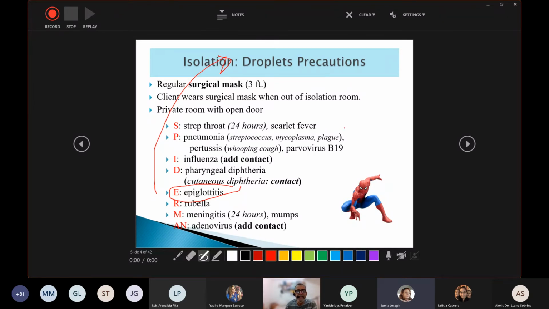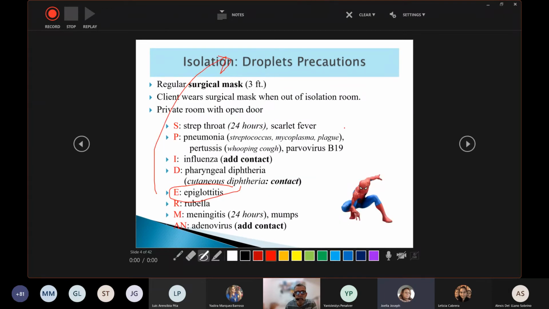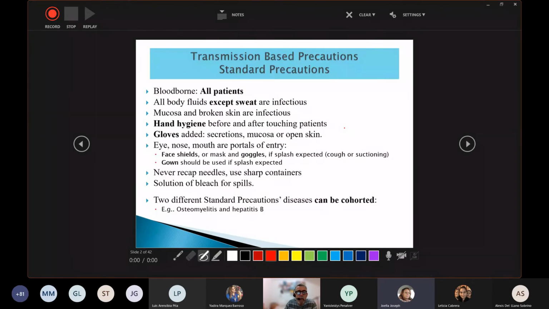When the disease needs isolation, the patient cannot be placed with another person. What does isolation mean? Te vas solo pa'l cuarto. It means that you are going to be alone in the room. When they are talking about cohorting, they mean diseases that don't require isolation, even if they are infectious diseases.